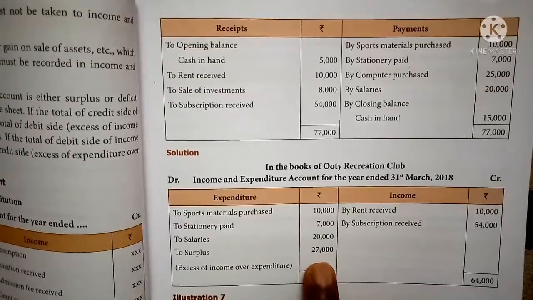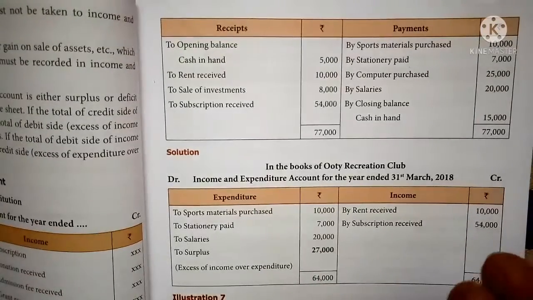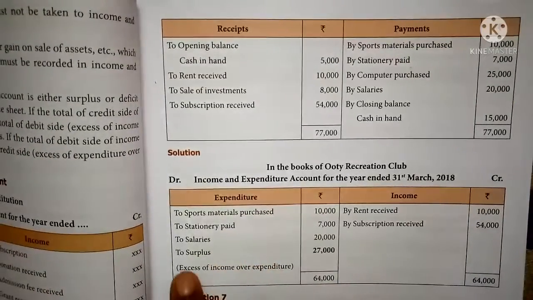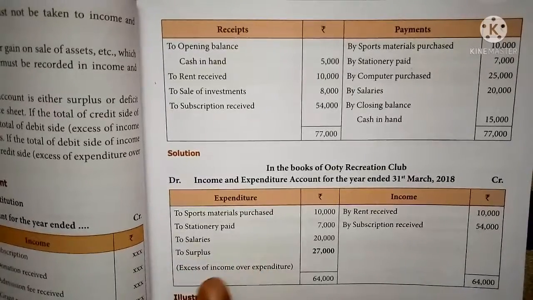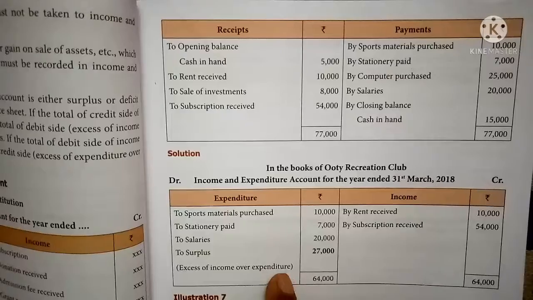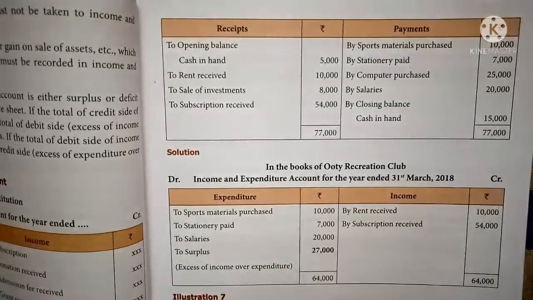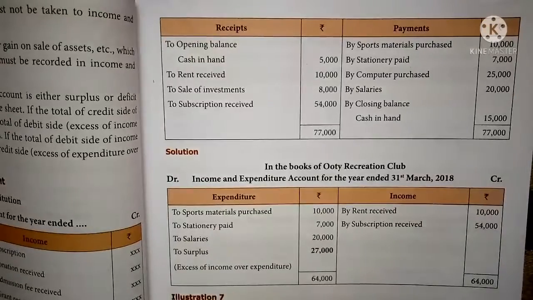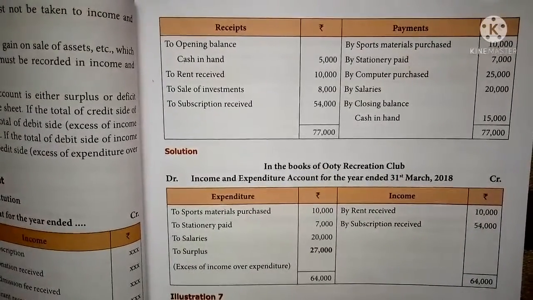It is an excess of income over expenditure, because the income side total is more than the expense side total. So the answer is surplus. Write surplus within brackets, excess of income over expenditure, because income is more than the expense. By this way you can prepare the income and expenditure account.